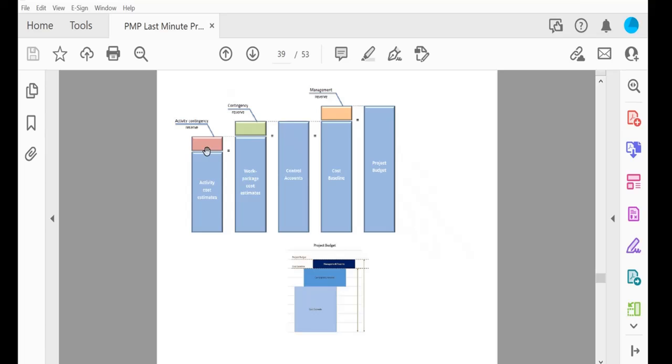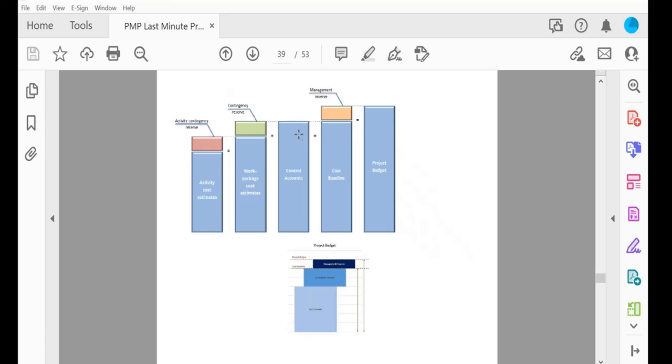When we add all of them, it comes to the work package cost estimate. Work package is above the activity, so each activity belongs to a work package. Above the work package, we again add some contingency reserve, and it comes to the control account. Control account means they are controlling the work package.